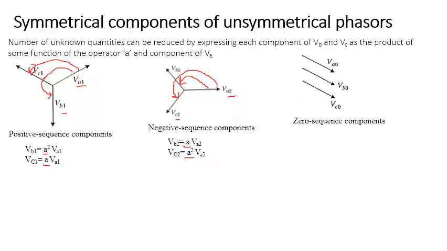Similarly for the zero phase sequence component, there is no angle deflection from one to another. VB naught is the same as VA naught, and VC naught is also the same as VA naught.